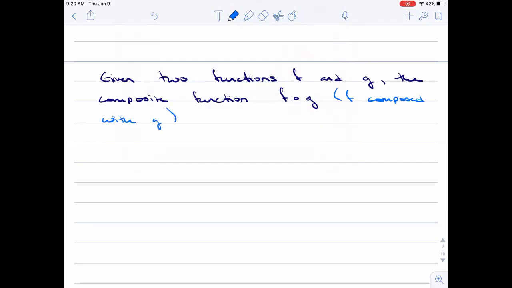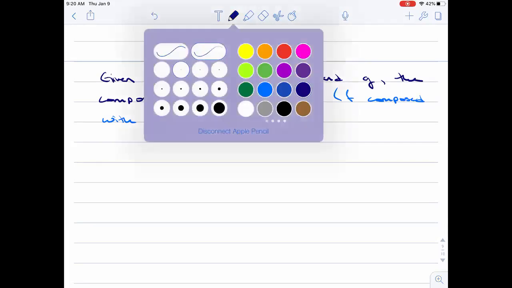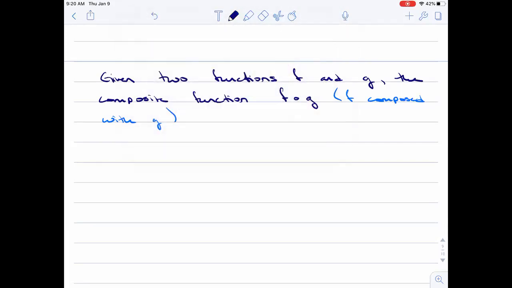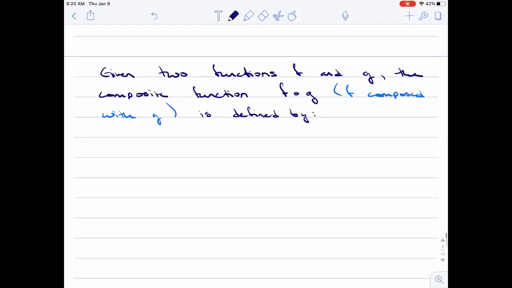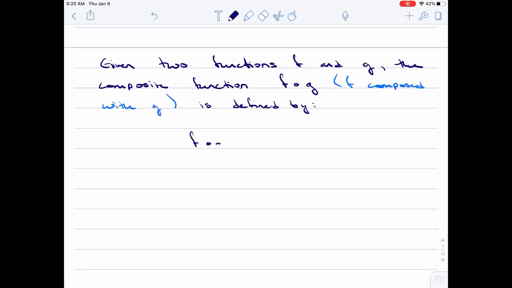I usually just end up reading it f of g, because we're plugging in g of x where we would have had an x. So f composed with g is defined by f composed with g of x is f of g of x.